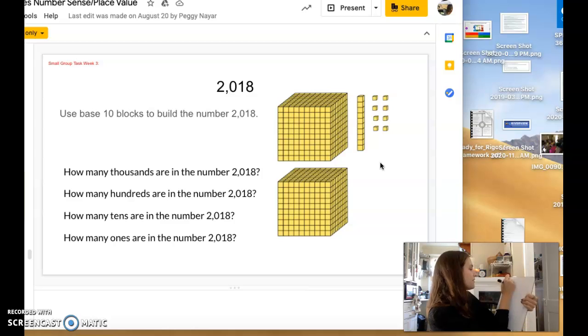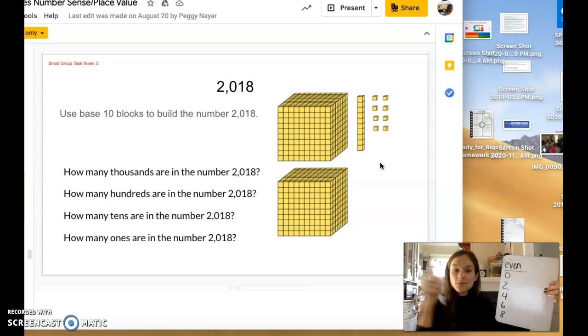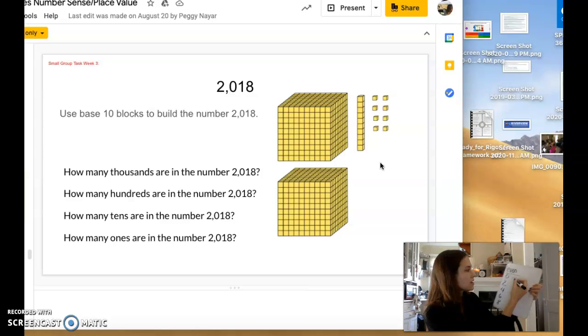So even numbers, they end with 0, 2, 4, 6, or 8. Okay? In the ones place, they have one of these numbers if they're even.